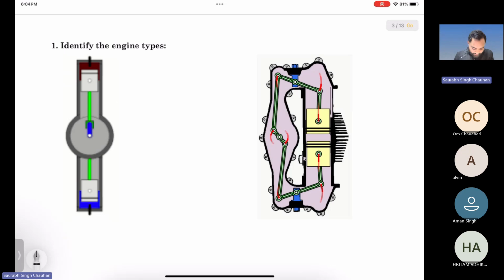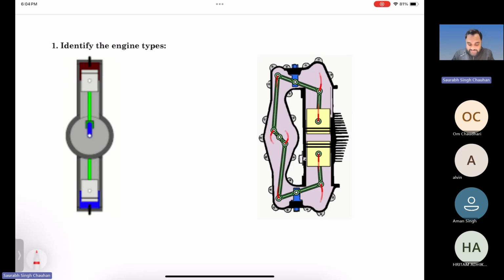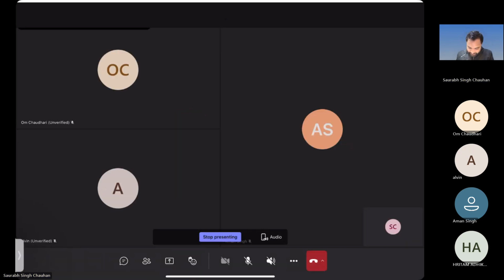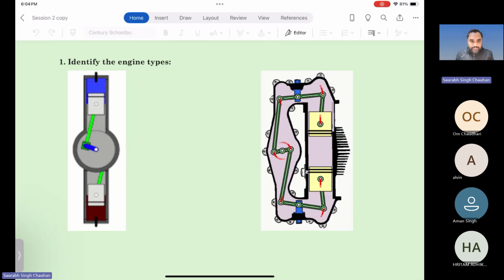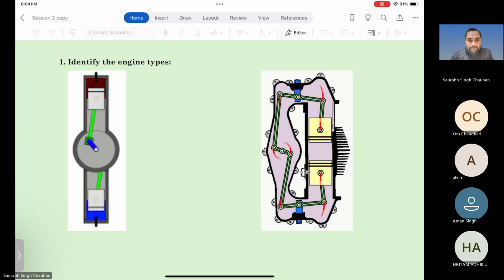So this is question number 1, and it is asking to identify the engine type. Basically, this was supposed to be an animation, but here it is not playing. But I will try to show you. Yeah, here it is playing. So can you see that it is moving?